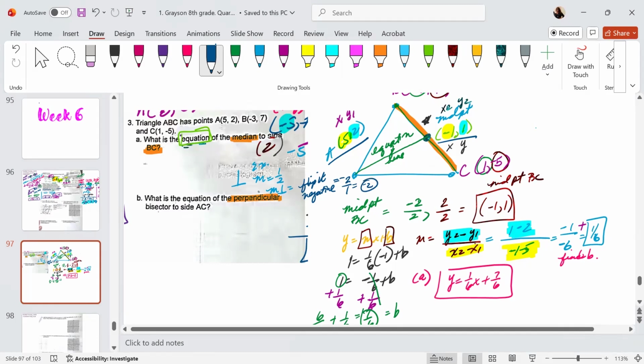Perpendicular bisector of side AC. So now we're changing this. That's AC, correct? So the bisector means it's going to be here, correct? Like that, right? So we would need to find the slope of that.